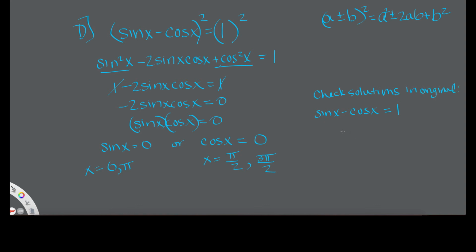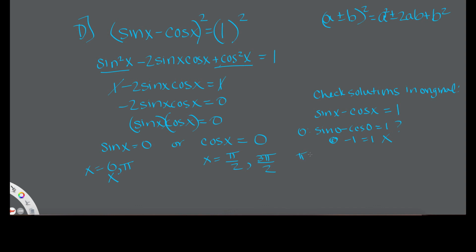So we're going to check our solutions in the original, right? So we're going to check 0. Sine of 0 minus cosine of 0 equals 1, does it? Well, the sine of 0 is 0. Cosine of 0 is 1. So is it 0 minus 1 equals 1? It does not. So 0 is not a solution.